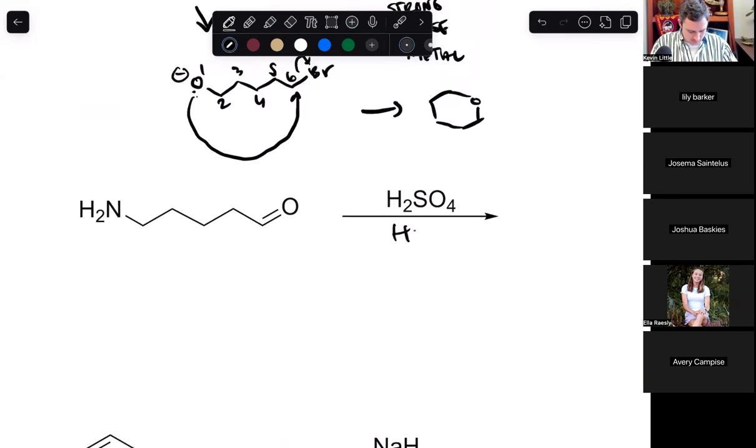This is an acid, right? It starts with an H, a sulfuric acid. Also, a strong base, like you learned in general chemistry, is not a strong base in organic chemistry.